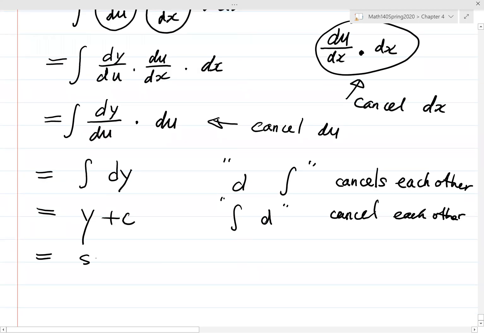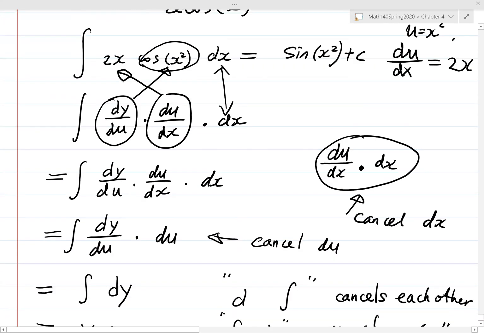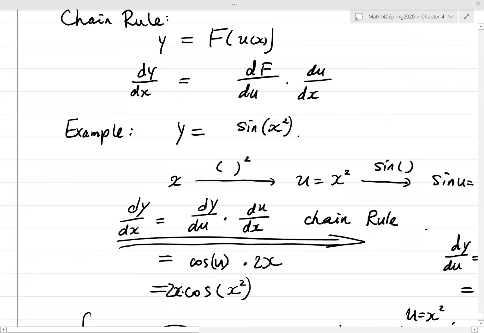Y is given by sine x squared. So if you write the chain rule backwards, then you get the substitution rule.